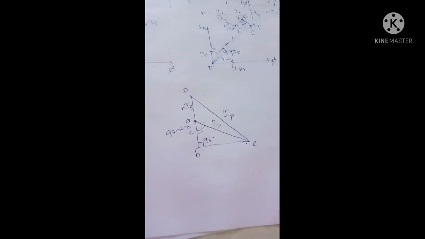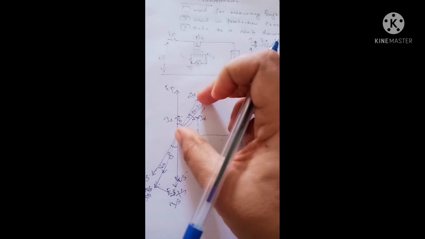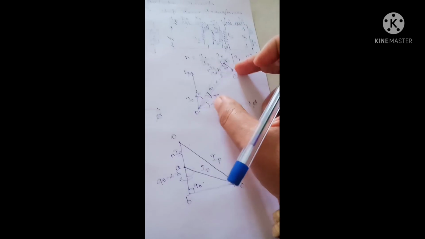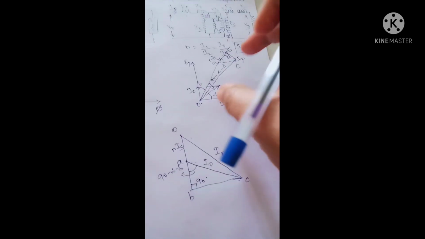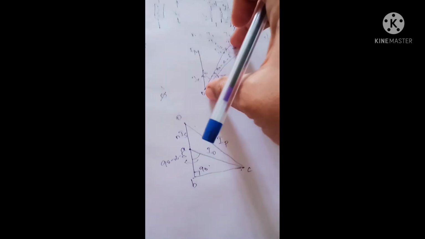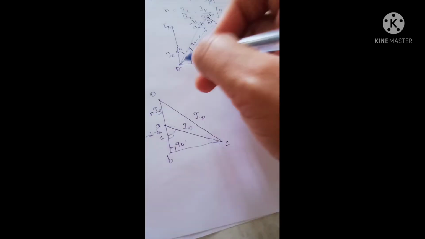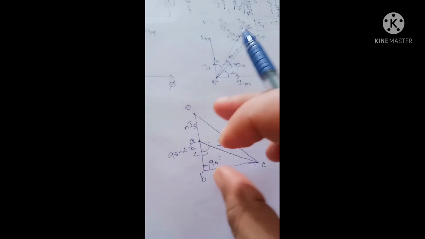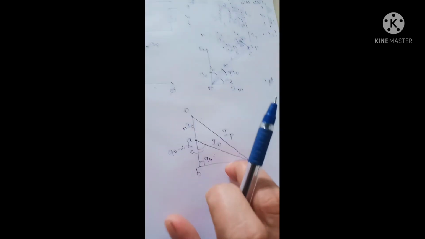From this triangle I am going to derive certain equations. First we drew the phasor diagram, and from that phasor diagram we are considering only the first quadrant and simplifying. From this diagram I'm considering only this triangle portion, and it is drawn over here. Based on this triangle, now I am going to derive the equation for ratio error.